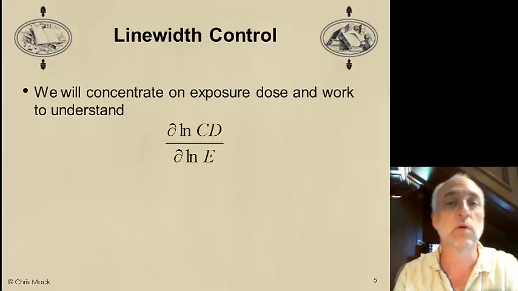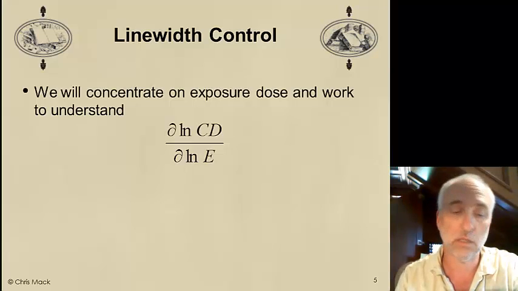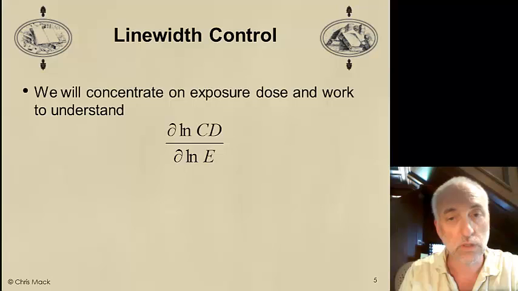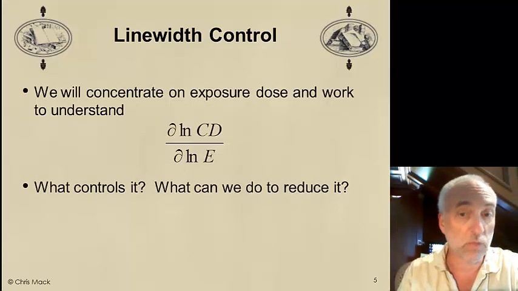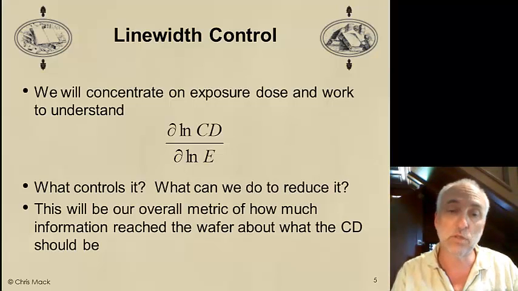So we will concentrate on exposure dose as a representative process variable error, and what we'll try to understand is what is d log CD, d log E. What controls it? What can we do to reduce it? This will be our metric of how much information reached the wafer about what the CD should be.